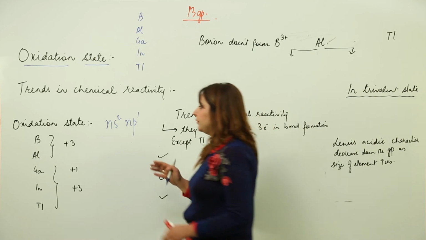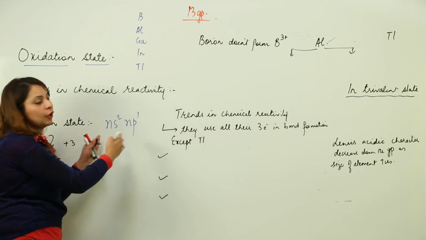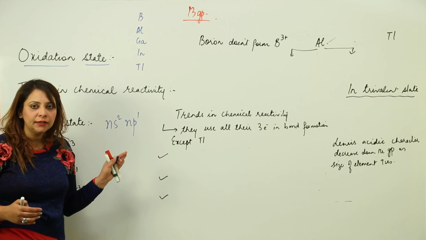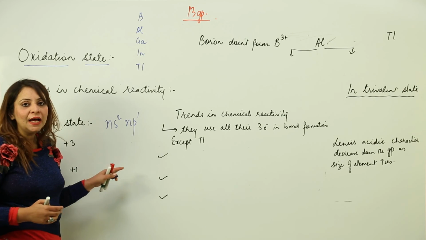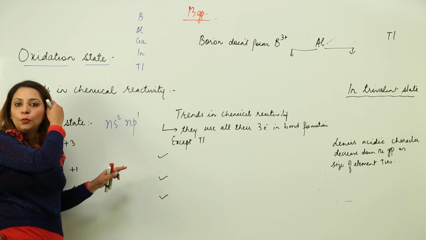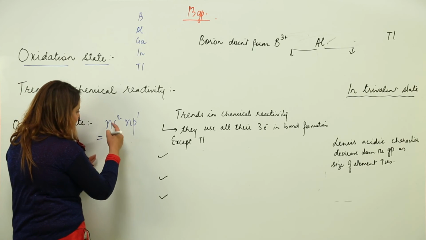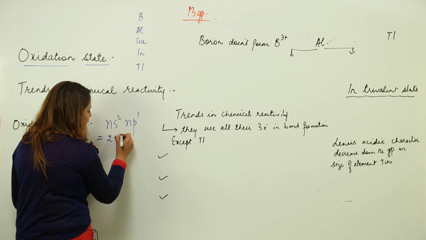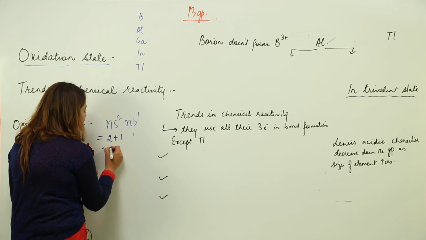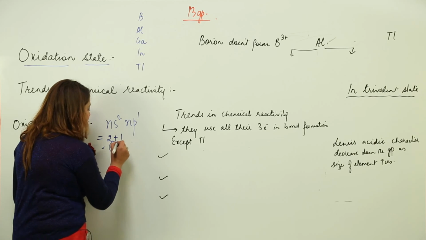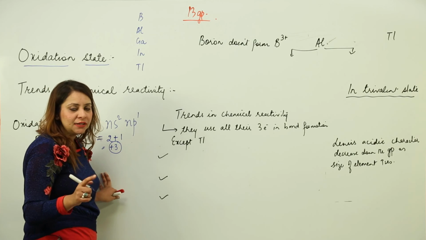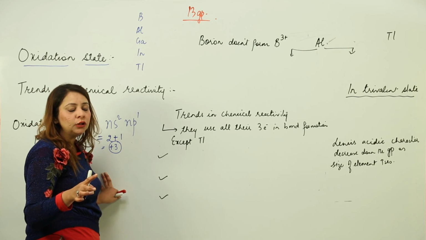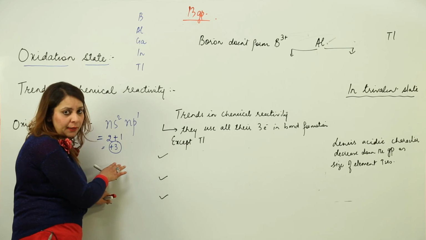If we consider the number of electrons that participate in bond formation, we know that in the p block the group oxidation state is equal to the electrons in the s, that is 2, and the electron in the p of the valence shell. So the group oxidation state is +3. Right, if we count s and p electrons both, the group oxidation state is going to be +3.